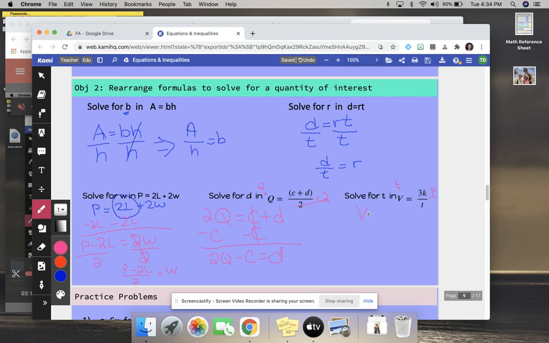So now I have VT is equal to 3K. Oops, that's not a K. 3K. Now I can get T by itself by dividing by V. So now I do have T is equal to 3K divided by V.